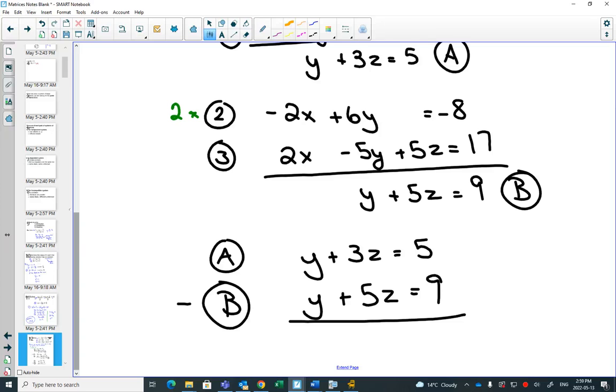Y minus y will be 0. 3z minus 5z will give me negative 2z. And 5 minus 9 will give me negative 4.